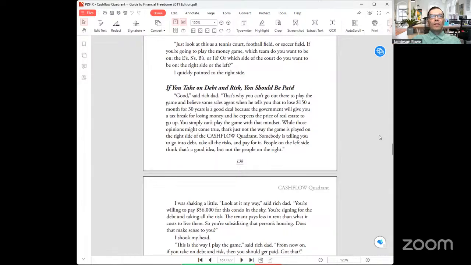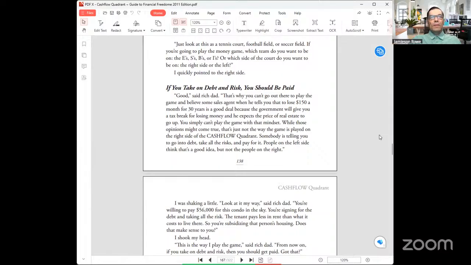"Good," said Rich Dad. "That's why you can't go out there to play the game and believe some sales agent when he tells you that losing $150 a month for 30 years is a good idea because the government will give you a tax break for losing money, and he expects the price of real estate to go up. You simply can't play the game with that mindset.